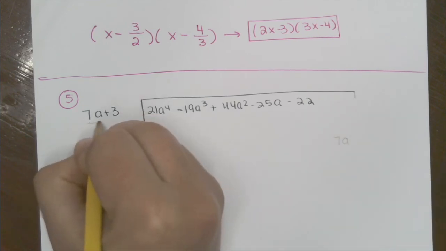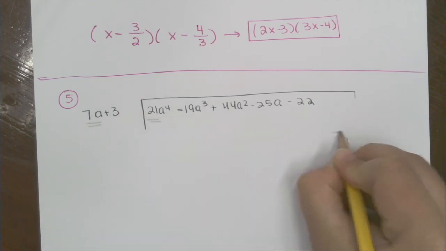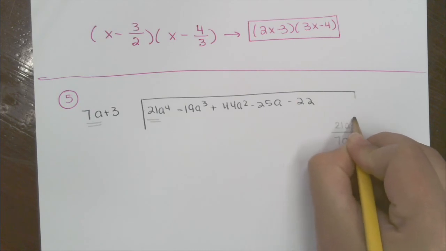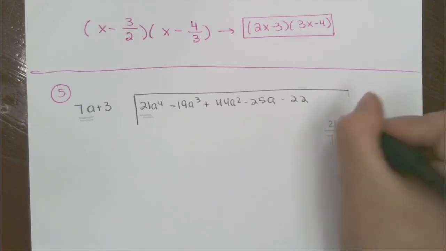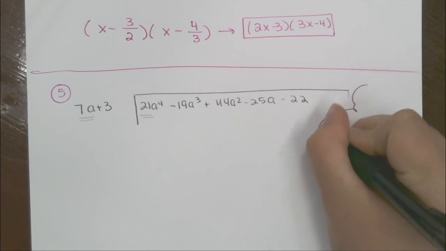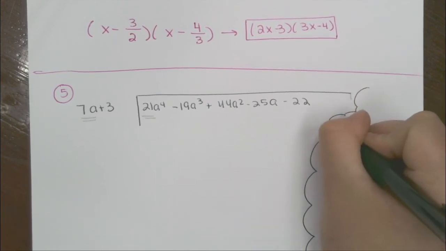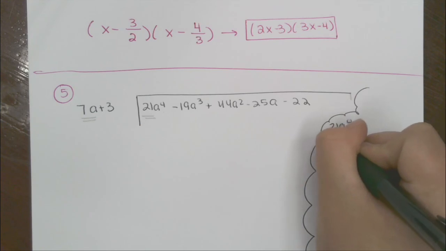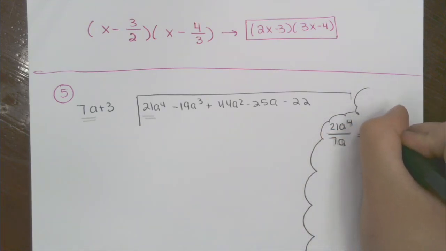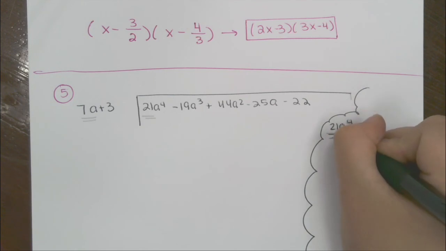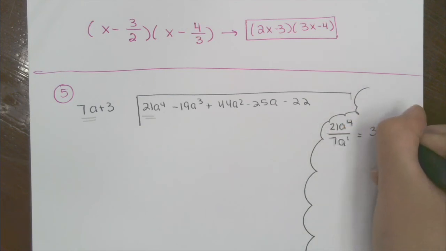7a right here. And this 21a to the 4th, they get divided. You guys can't see that. Let me try again. 21 divided by 7 is what? 3. 4 minus 1, 3.